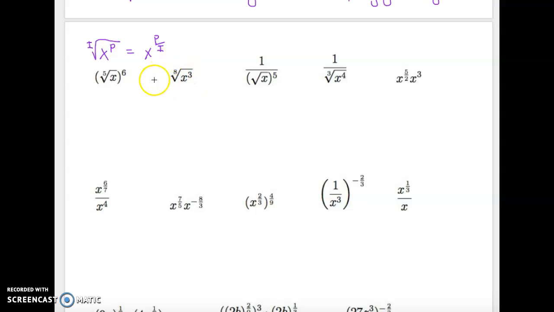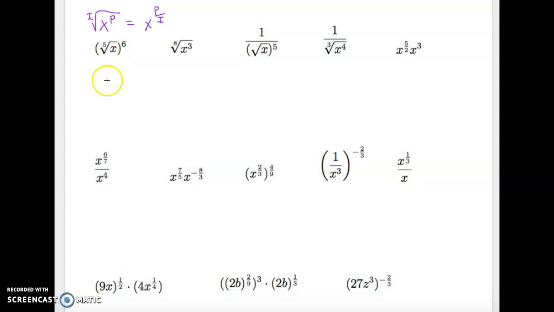As your exponent. So we're going to go ahead and rewrite this one. This will give me x to the, my power is 6, and then my index, the type of root I'm taking, is 5. So x to the 6/5. This one would be x to the 3/8, power over index. This one is a little bit tricky.